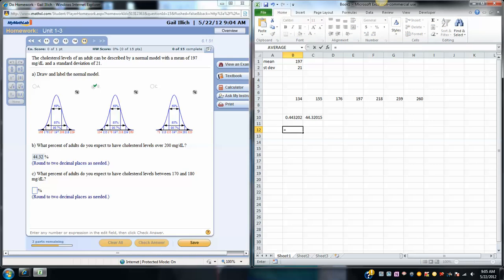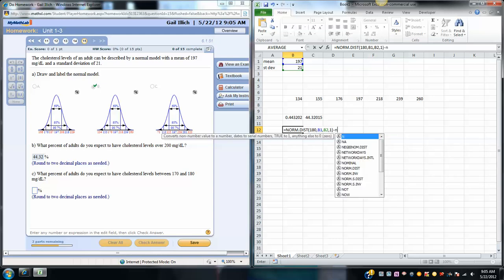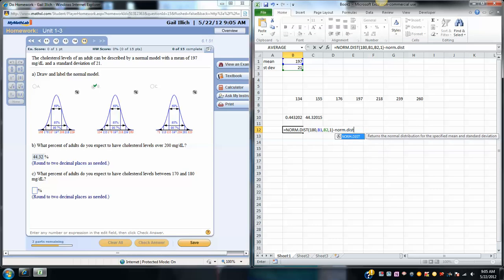So we'll say equals and then norm dist, the 180, comma the mean, comma the standard deviation, comma 1, and then I'm going to subtract norm dist of the 170, with the mean and the standard deviation and comma 1.